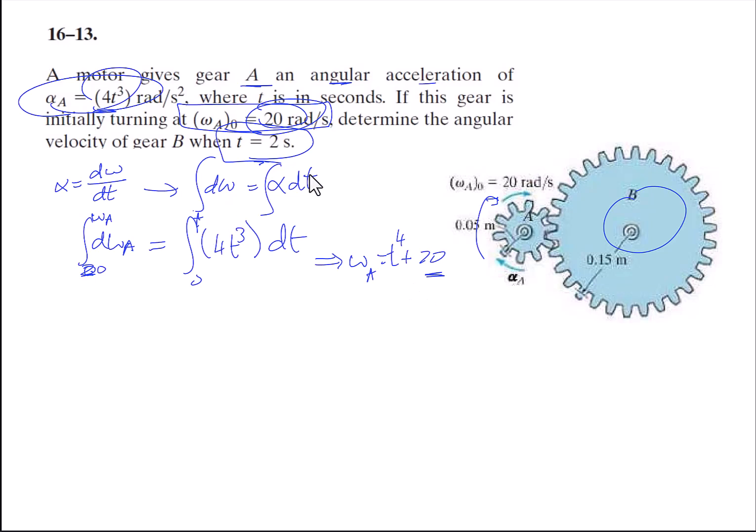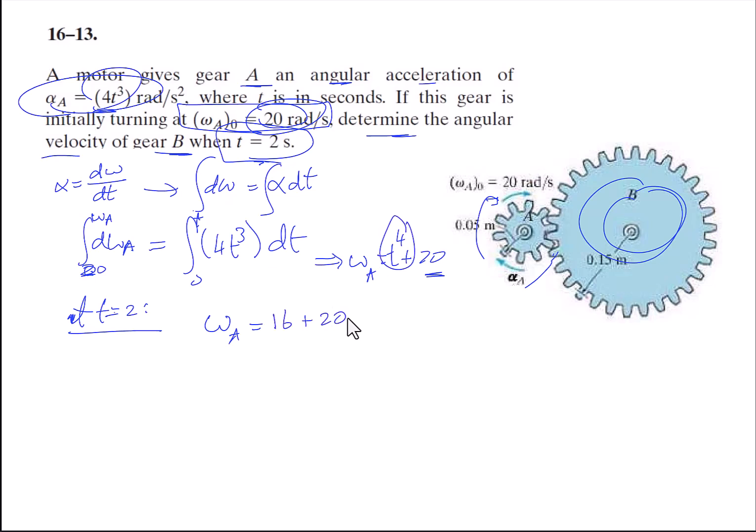Of course, all that remains is to determine the angular velocity of gear B when t is equal to 2. So at t equals 2, you have the angular velocity of A equaling 16 plus 20, so 36 radians per second. And at this point, they share the same velocity.